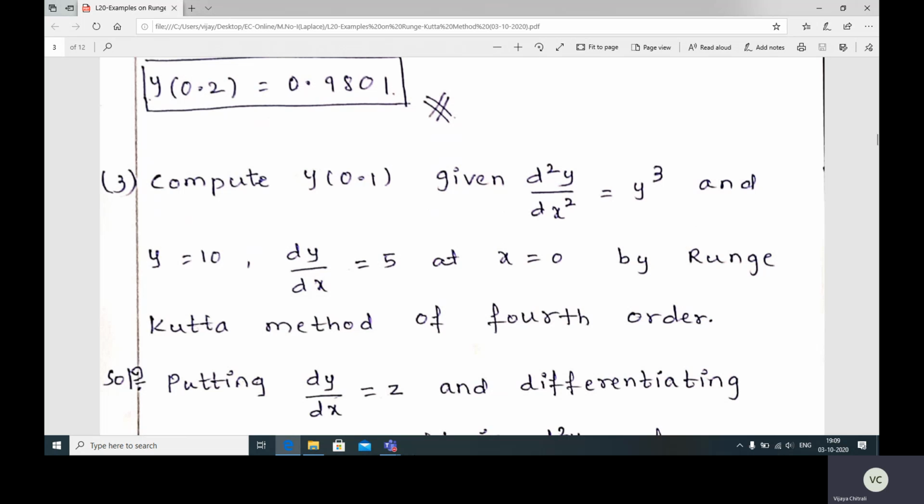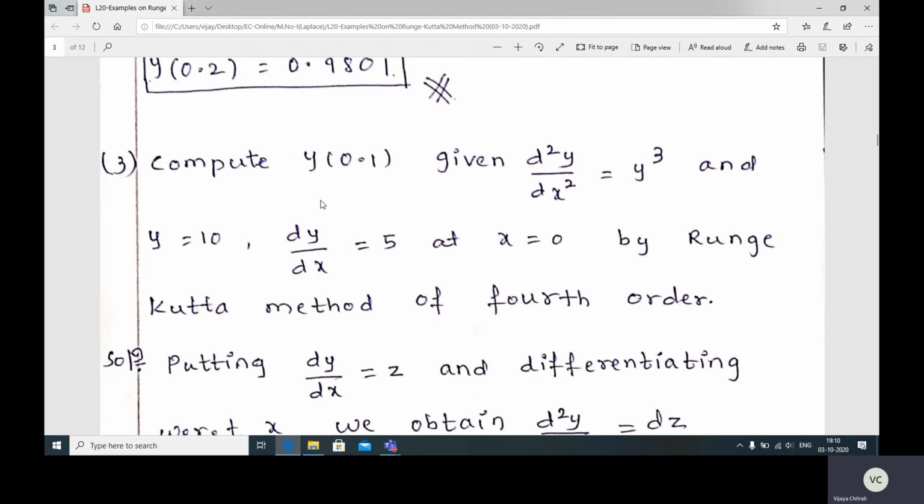If required, y dash of x naught plus h, or else z of x naught plus h, is z naught plus 1 by 6 of L1 plus 2 L2 plus 2 L3 plus L4. Here we are converting second order ordinary differential equations into two first order first degree simultaneous equations, and we are solving those equations.